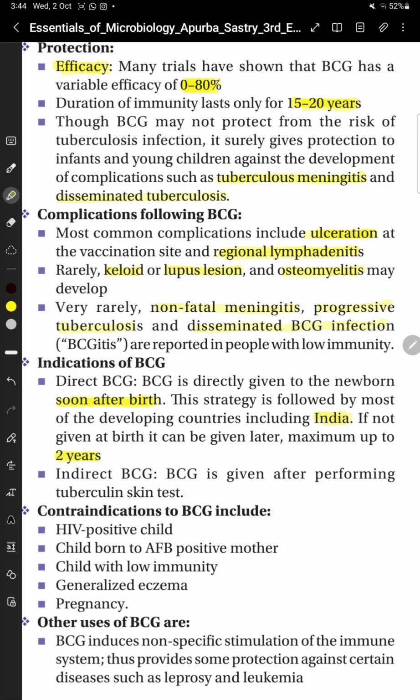Indirect BCG is given after performing the tuberculin skin test.